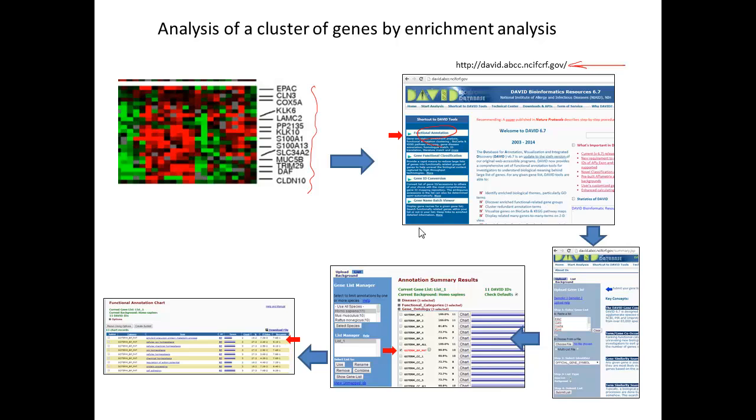We're going to use the functional analysis tool section, and although it's hard to see here, I can assure you that I've entered this list of genes in the data entry field, or you can upload a file. As background, I'm taking all the genes in the human genome, and I will do a functional analysis test.